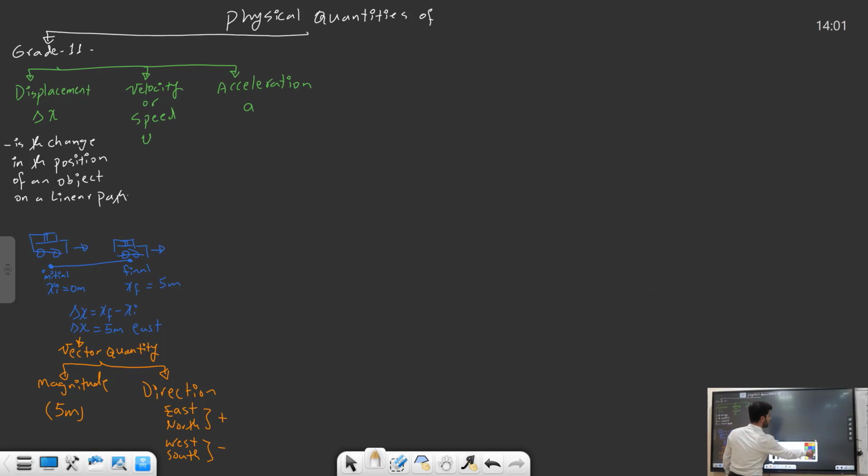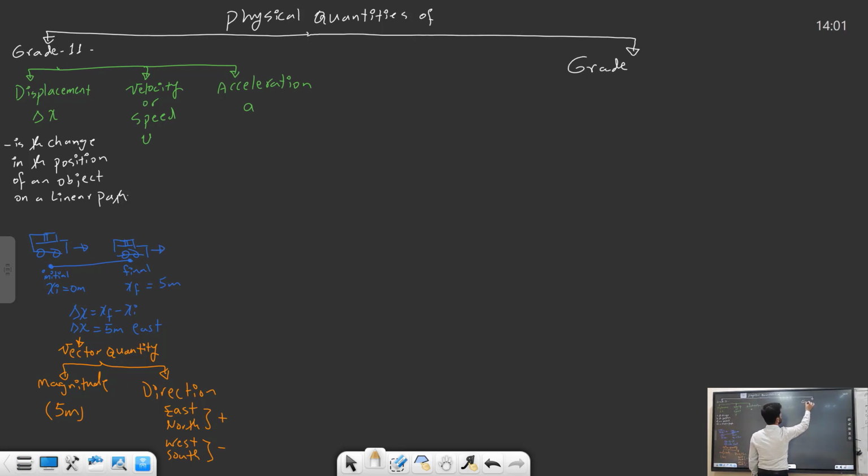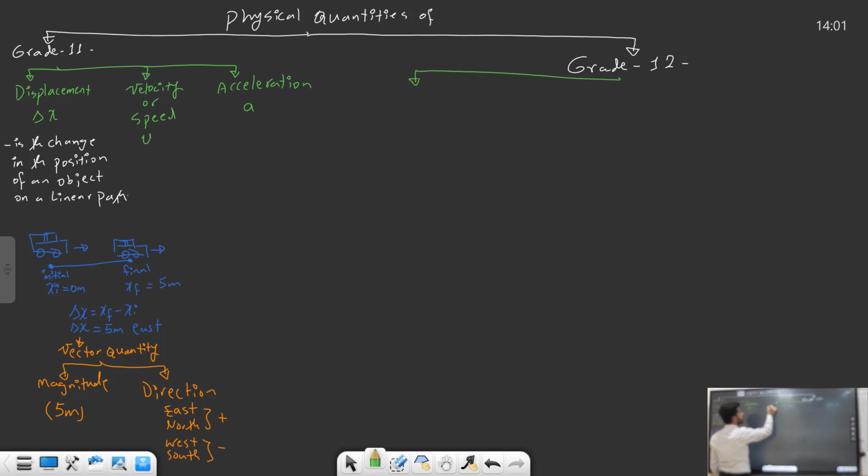Now I am going to talk about the quantities that are used in grade 12. The quantities that we are going to use in grade 12. We have the same 3 physical quantities, but instead of displacement, we put a prefix, okay, to it: angular displacement. This is what makes the quantity a rotational quantity.